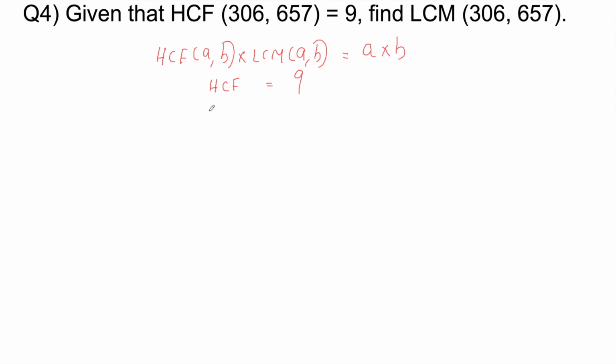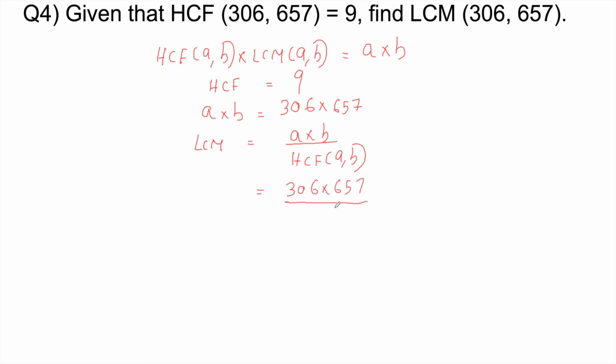Okay, and A into B we can find now. 306 into 657. Okay, so the LCM is A into B divided by HCF of A, B from this formula. So A into B is 306 into 657 divided by HCF which is 9.